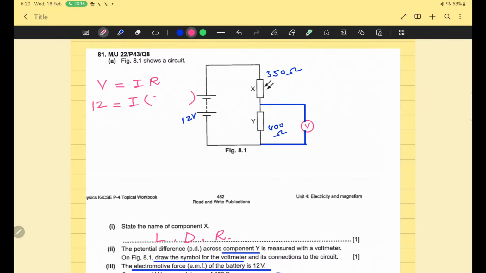The total resistance is 350 plus 400, since these resistors are connected in series. So total voltage is 12, total resistance is 750, so the current will be 12 upon 750. Give me an idea, what is the current?